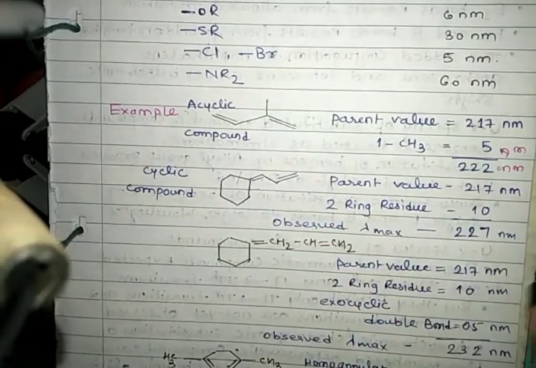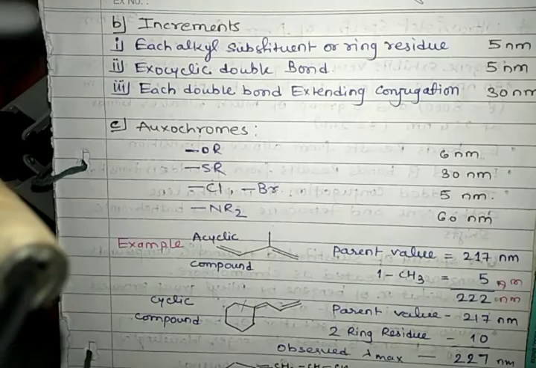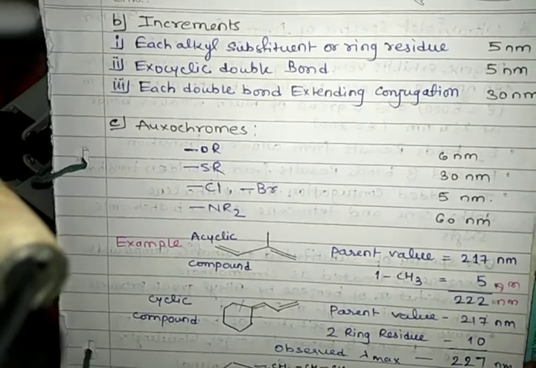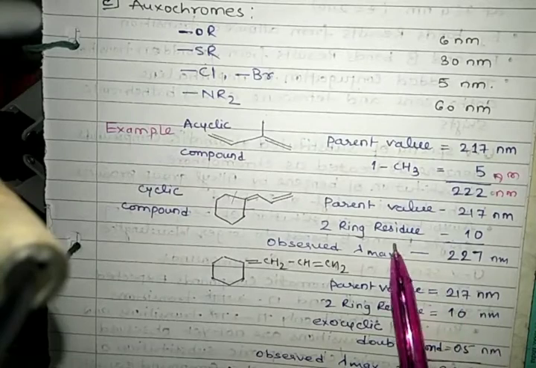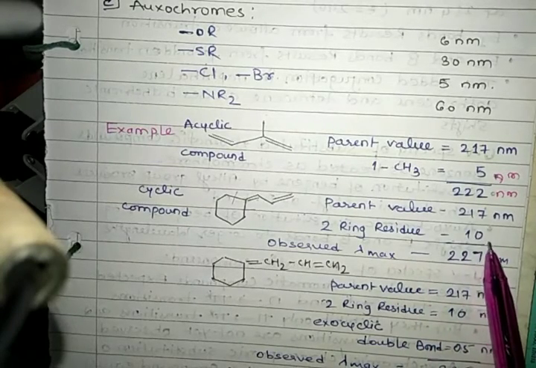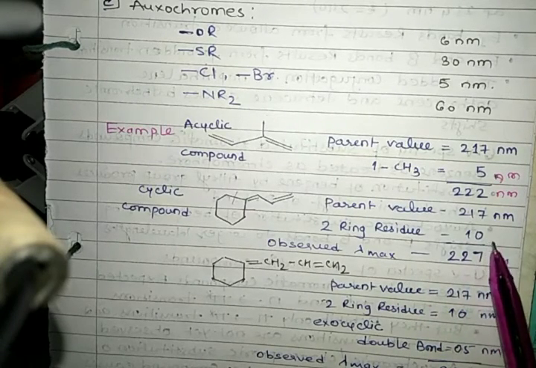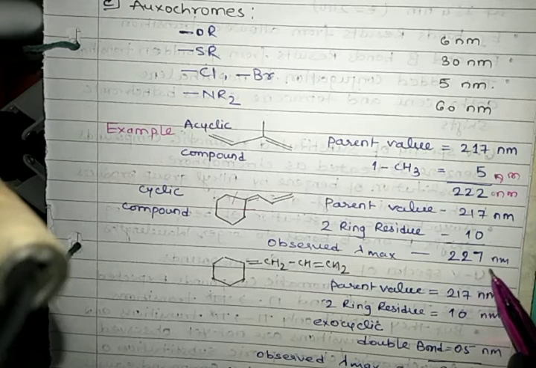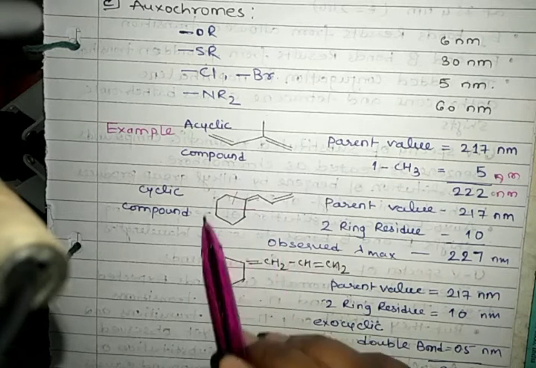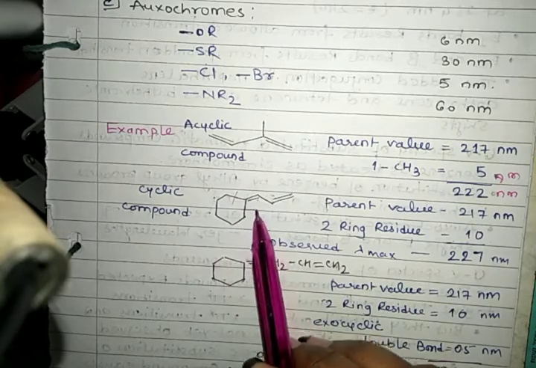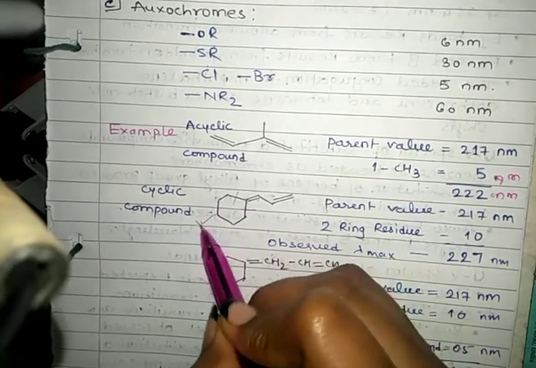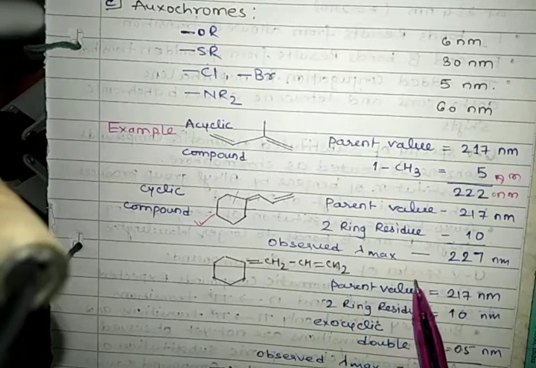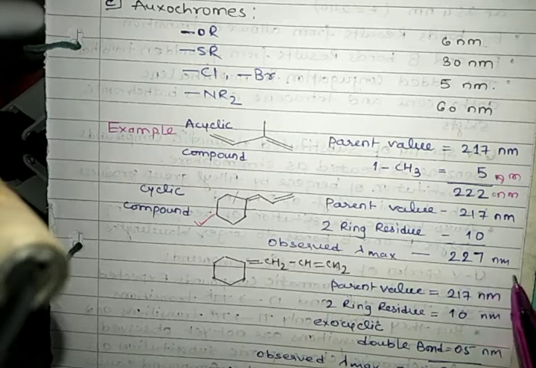Ring residue shows 5 nanometer, so 5 into 2 gives 10 nanometer, and in total 227 nanometer. So for this compound, the observed lambda max is 227 nanometer.